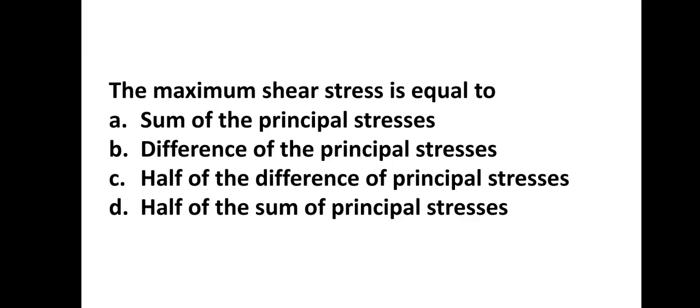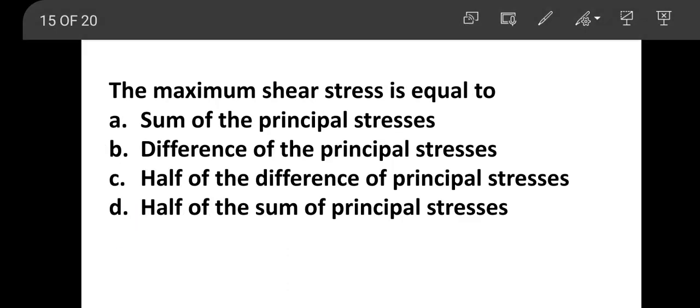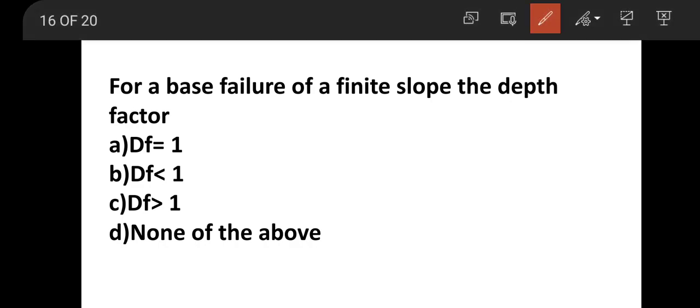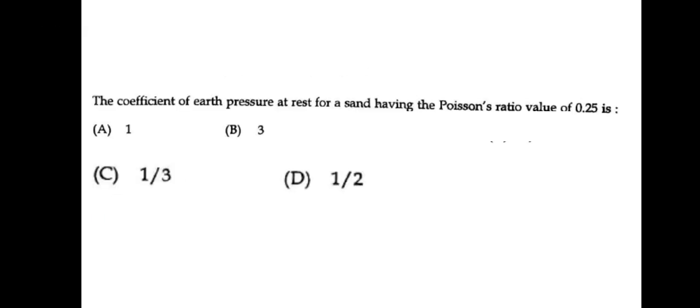Next question, the maximum shear stress is equal to, as you all know, tau max, maximum shear stress is equal to sigma 1 minus sigma 2 by 2. So it is half of the difference of principal stresses. Next question, for base failure of a finite slope, the depth factor. So as you all know, depth factor DF is greater than 1 for base failure.